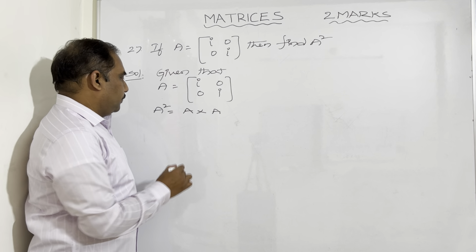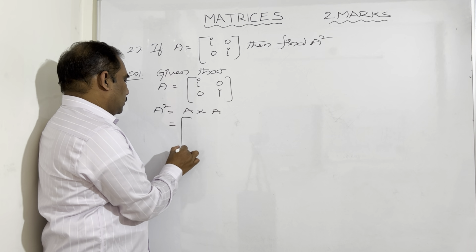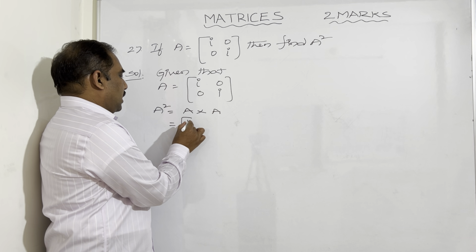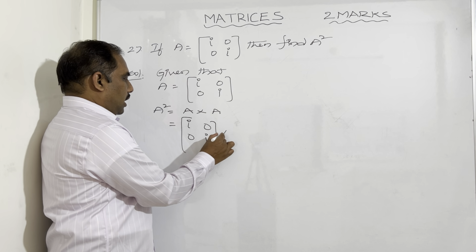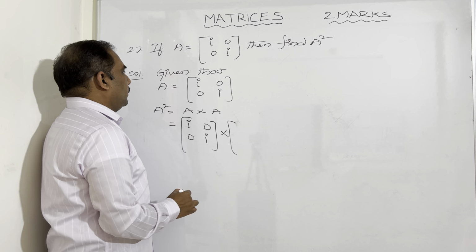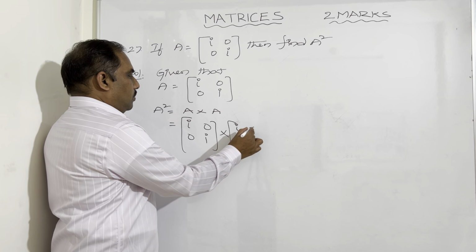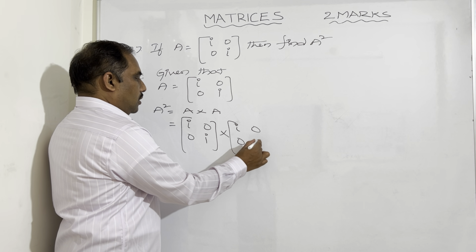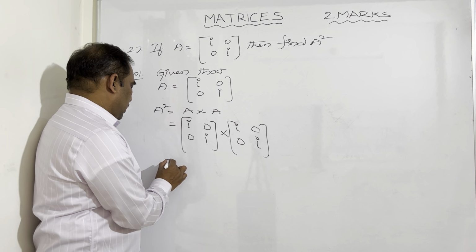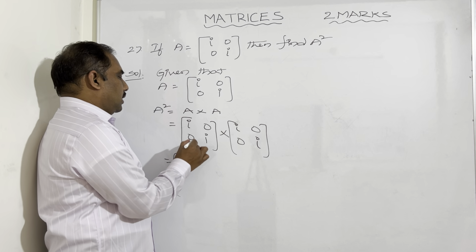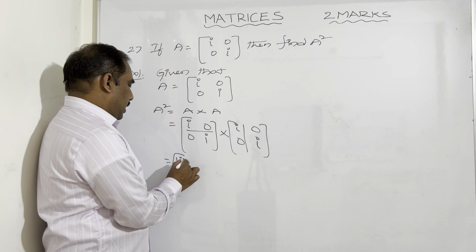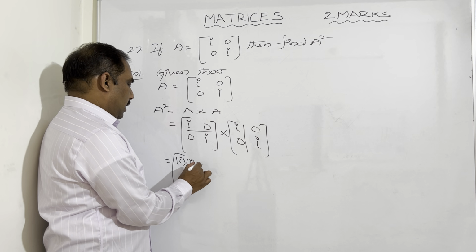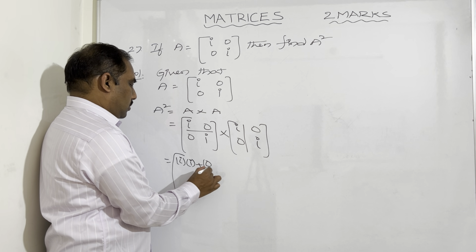Remember carefully. Matrix A is [[i, 0], [0, i]], and again the same matrix we have to multiply with the same matrix [[i, 0], [0, i]]. Observe here: first row and first column multiplying, i into i plus 0 into 0.